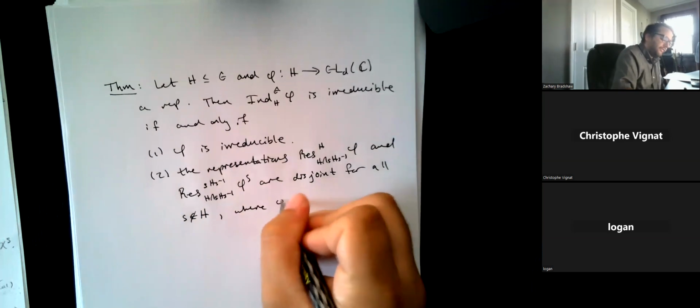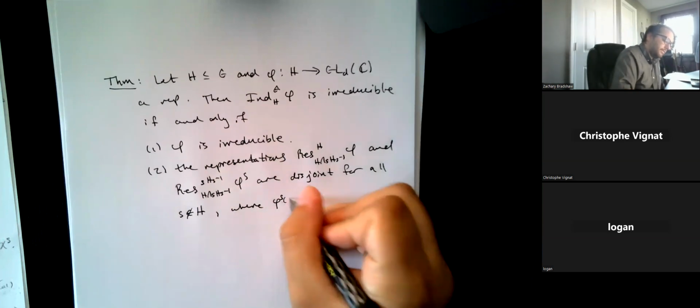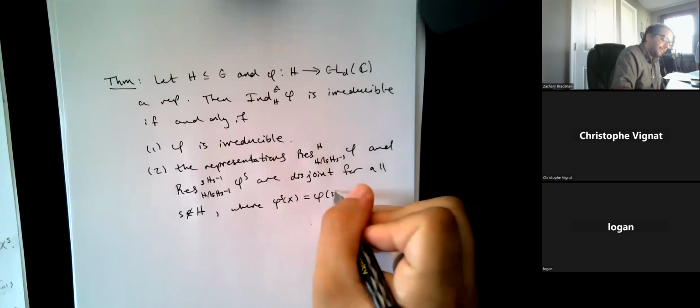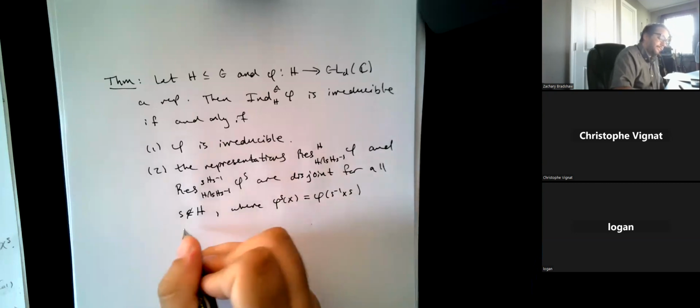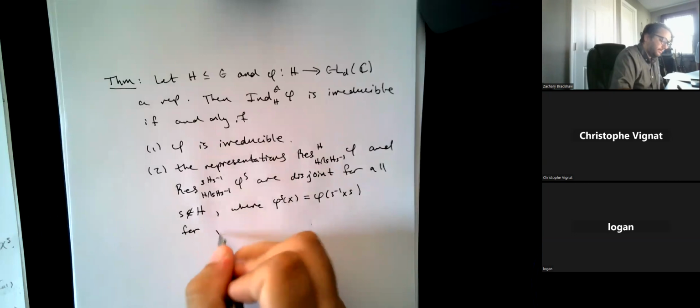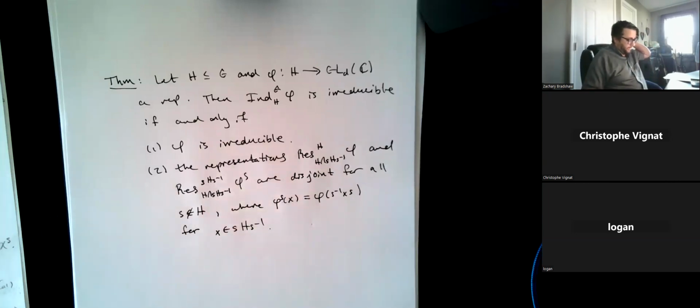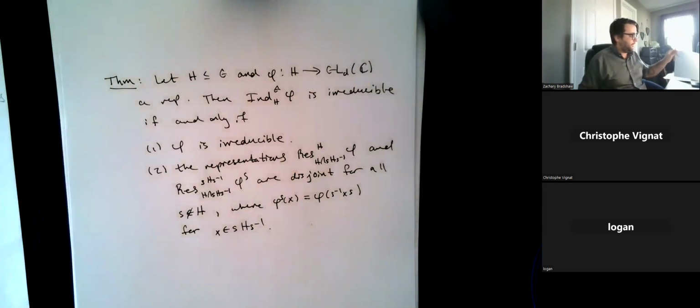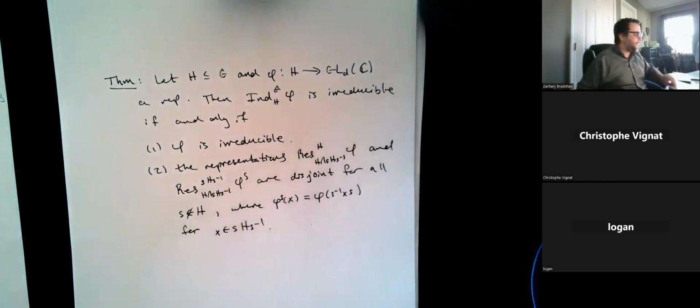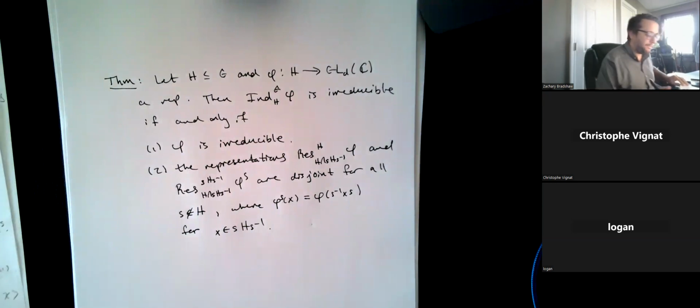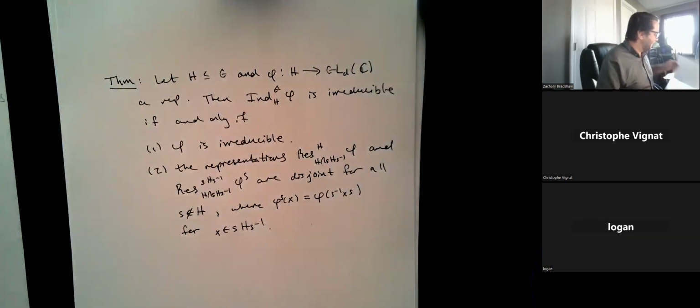There, again, here, this phi_S notation just means phi of S inverse X S. Okay, so I think that I am going to refrain from proving this since I'm already an hour and a half into this thing.